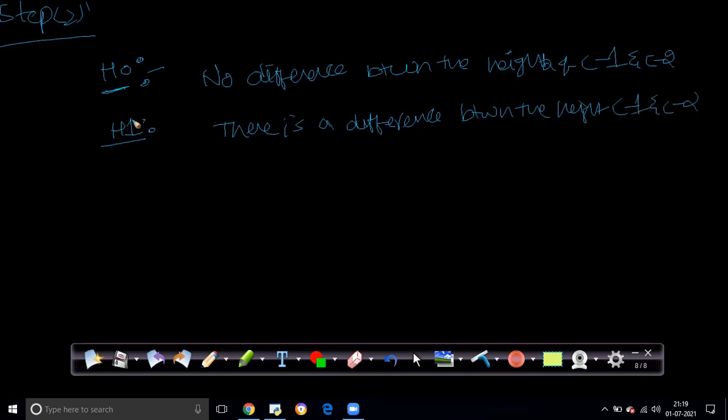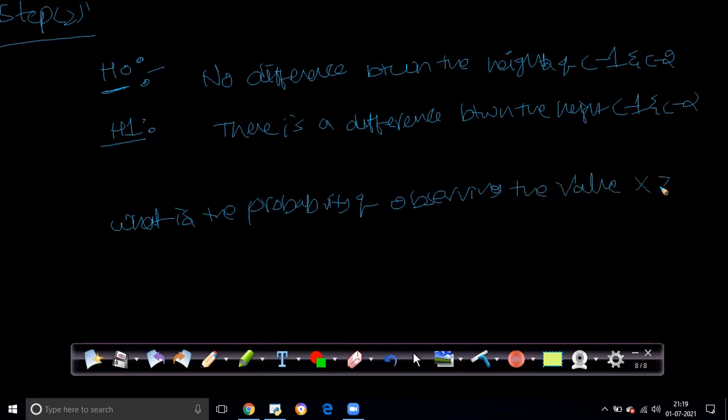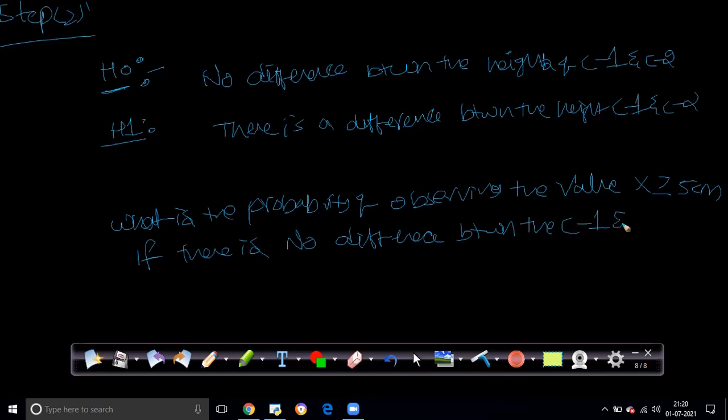If you read it in English, it is very simple. What is the probability of observing the value x greater than or equal to 5 centimeters if there is no difference between the heights of class 1 and class 2?